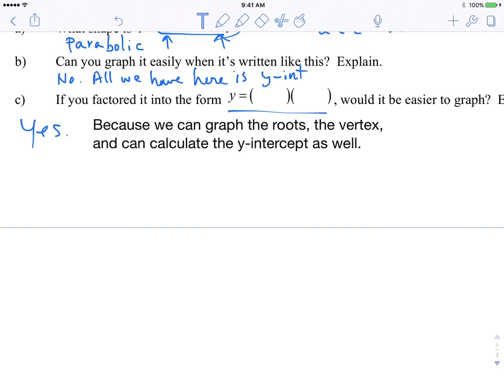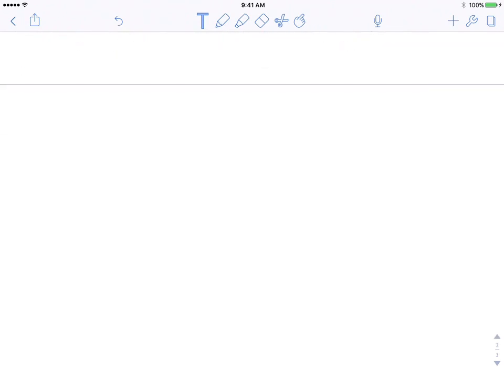We already know the y-intercept. So you have many more points in order to get an accurate plotting of your parabola, and this way a better sketch, of course. Okay, and I think that's pretty much it.